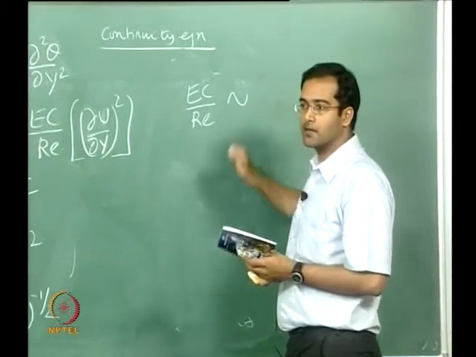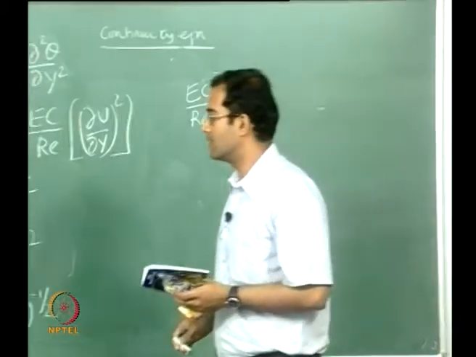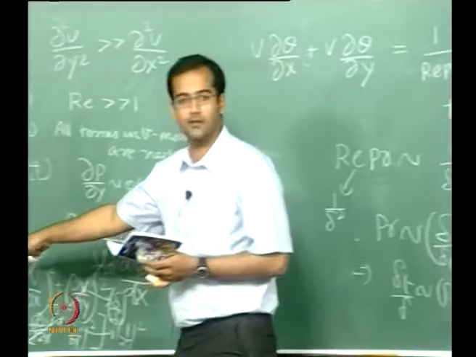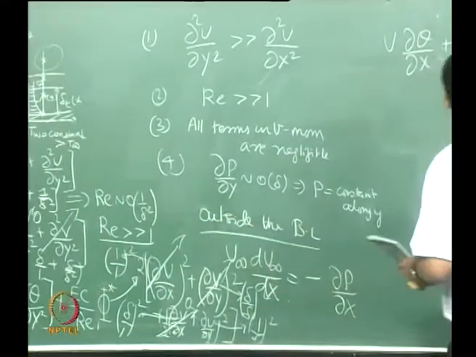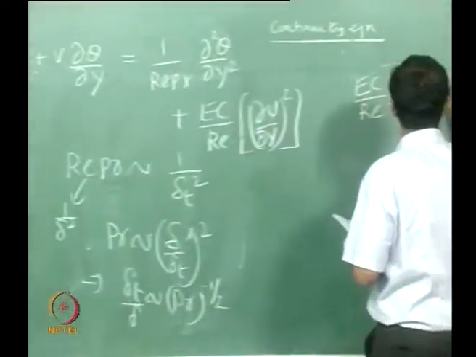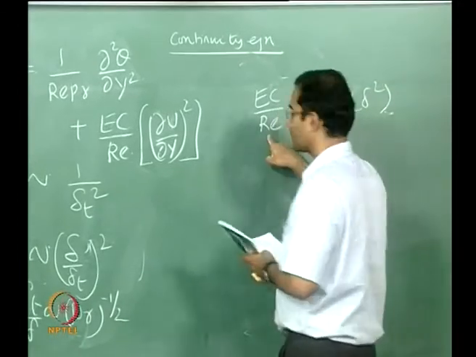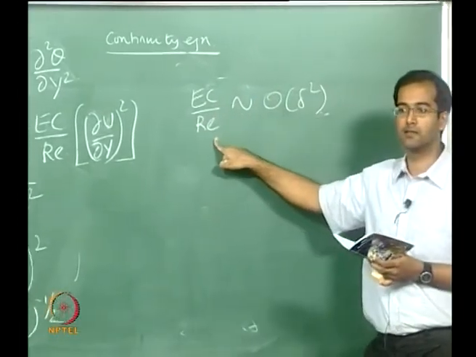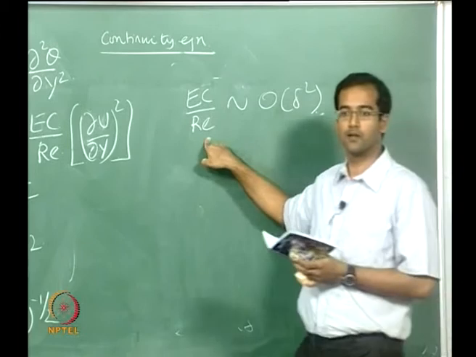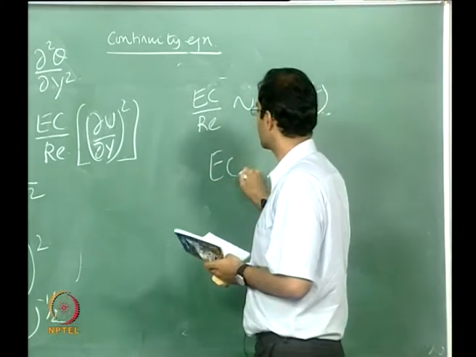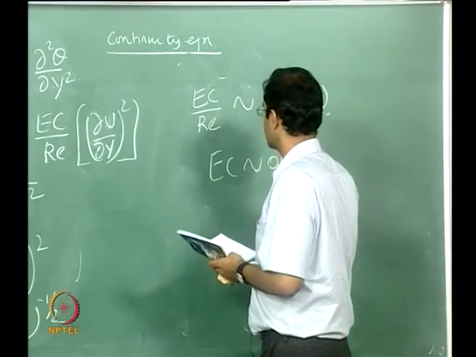Is it delta square? Delta square, everyone agree? Okay. So we already know Reynolds number is 1 over delta square, therefore the order of Eckert number should be 1.